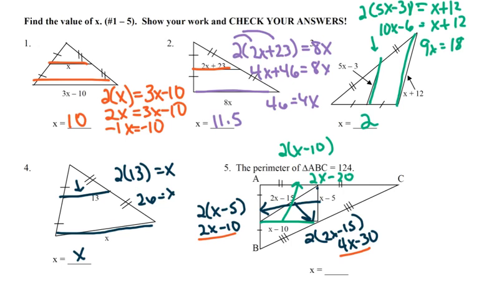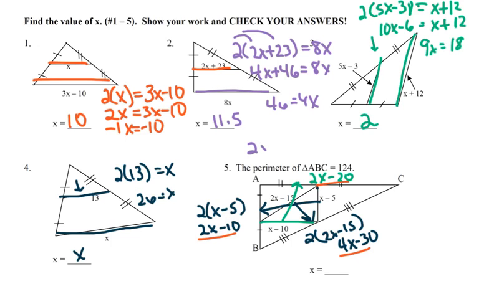Alright, we're going to set these equal to each other. So I'm going to take everything that's underlined in red and set it equal, and I'm going to erase this one on top so we don't get confused. Set it equal to our perimeter.